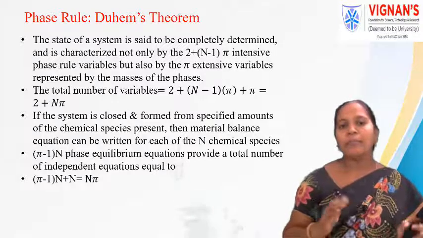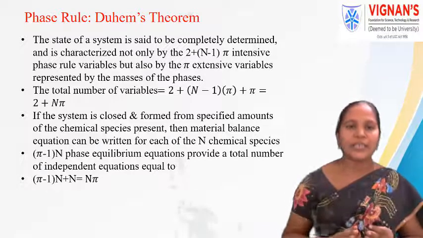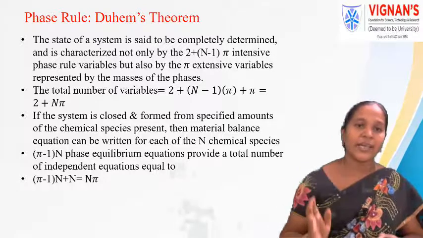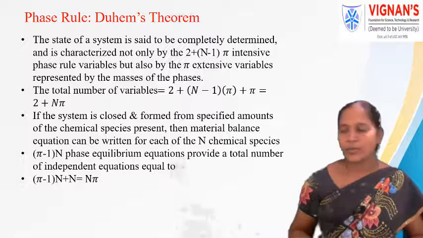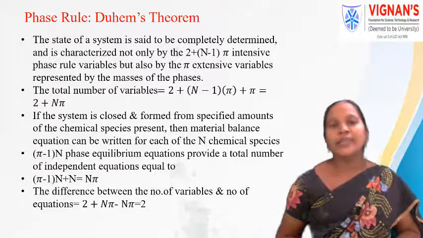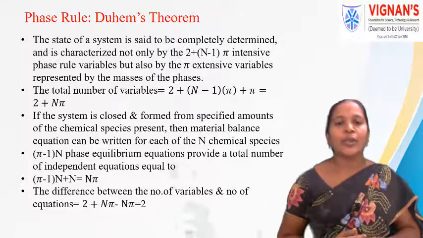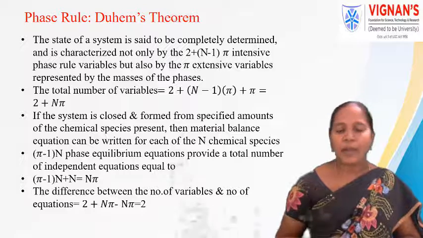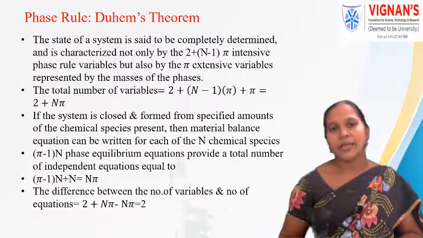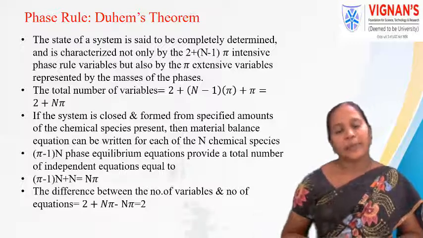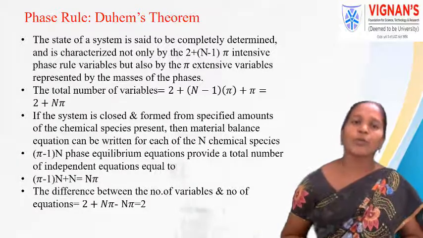We write (pi minus 1) into n equations for n species, so we also add n, which equals n pi. Therefore, the degrees of freedom is the difference between the total number of variables and the number of equations, that is 2 plus n pi minus n pi, which equals 2.